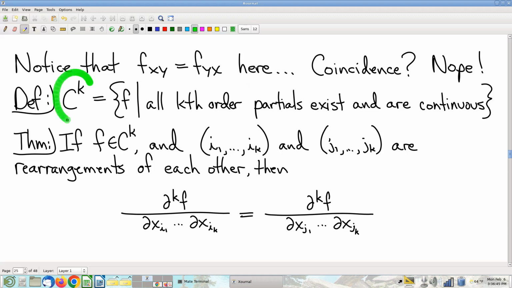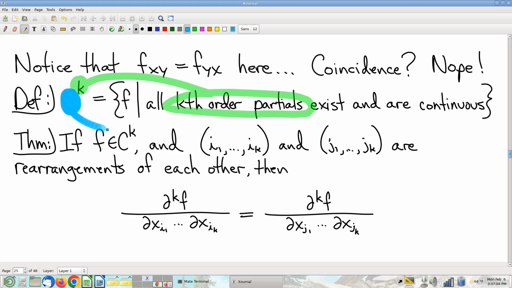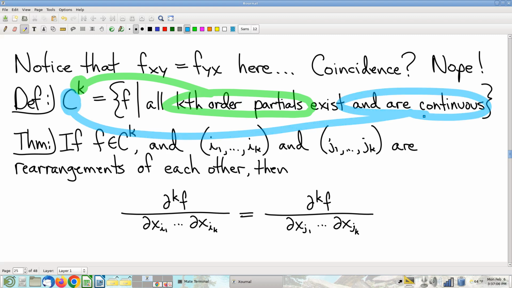We're going to talk about this thing called C^k. So the k here refers to how many partials I have to be able to compute. And furthermore, the C here denotes that they also have to be continuous.